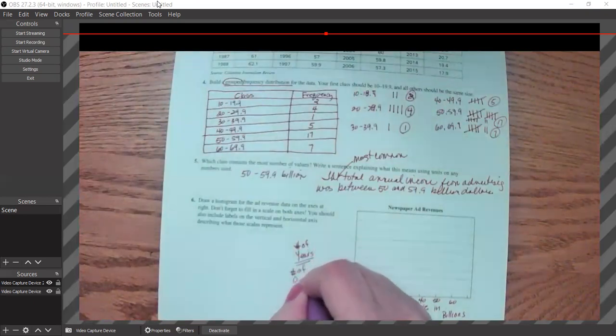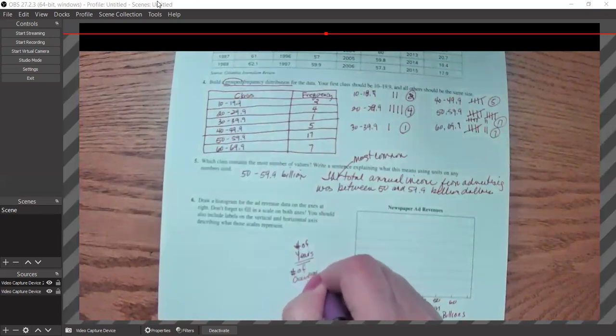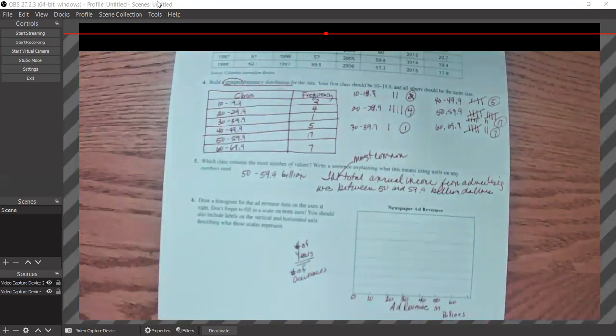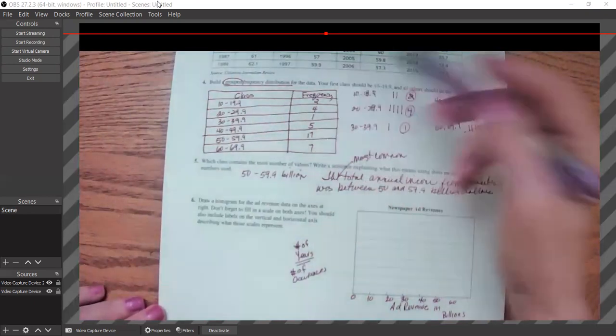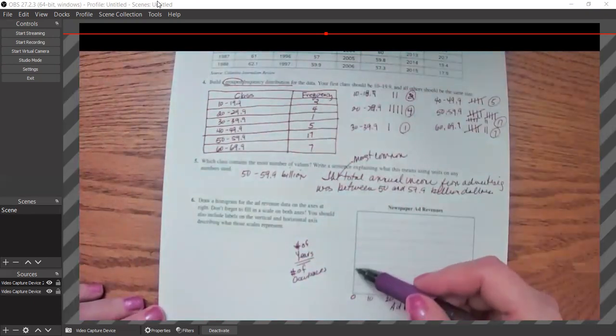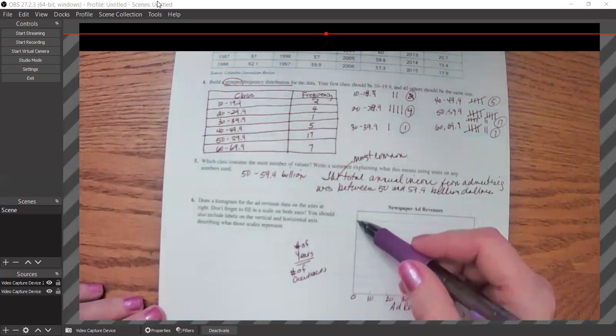Number of occurrences. Or you could put frequency. We're going between 2 and 17, 2, 4, 6, 8, 10, 12, 14, 16, 18.